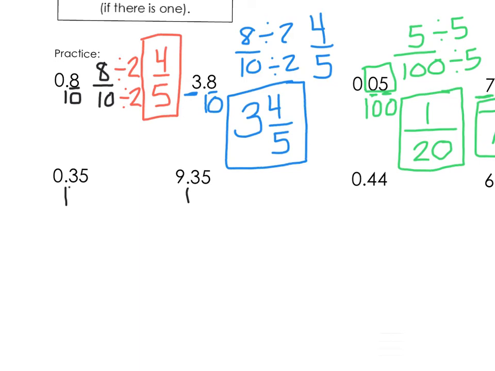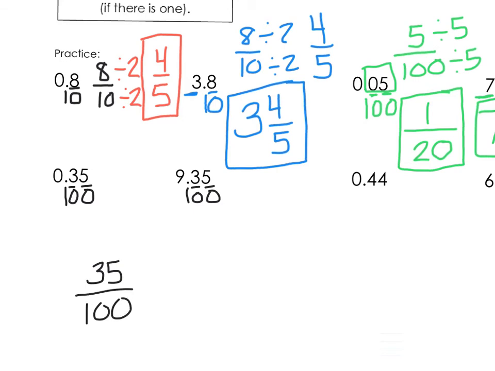Here we see 2 numbers behind our decimals, so we're going to fill those in with zeros. Same thing here. We have 2 numbers behind our decimals, so we're just going to fill those in with zeros as well. I'm going to write just the fractional piece. So I'm just going to write 35 over 100 down here at the bottom.